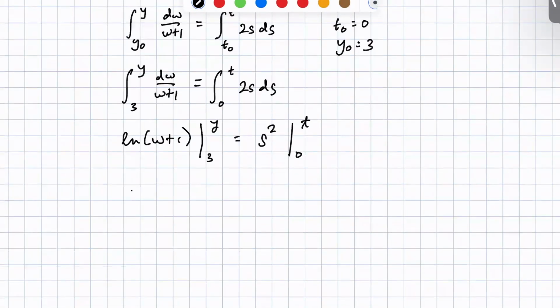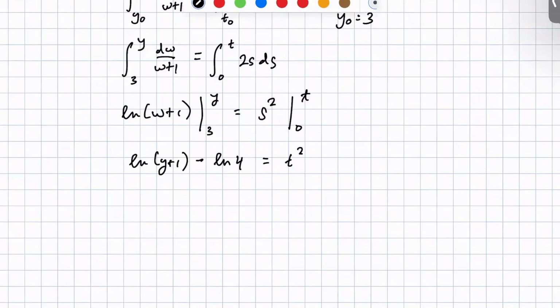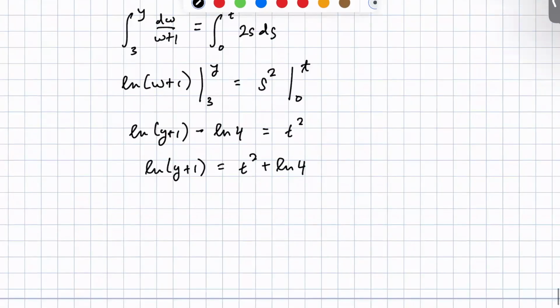And so I can plug this in: log of y plus 1 minus log of 4 is equal to t squared minus 0. And so let's solve for y. Let's move the log 4 to the other side, and then let's take e of both sides.